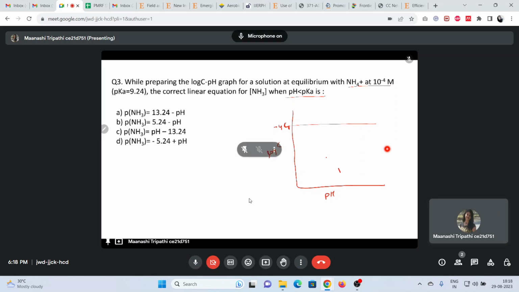We'll see the answer now, then we will see how we are getting to the answer. So this is the solution for the question. Now we will see how we are getting to that.